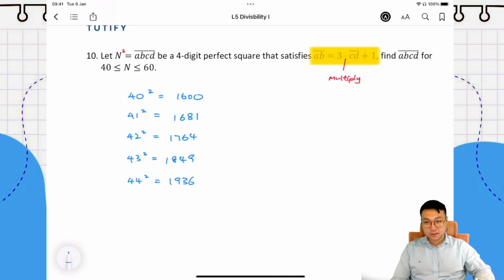You keep on making a list all the way until you reach 53.